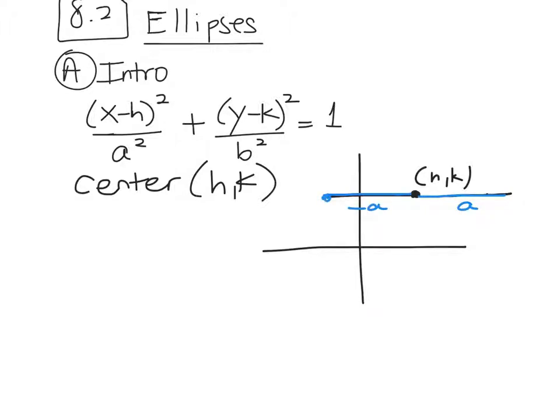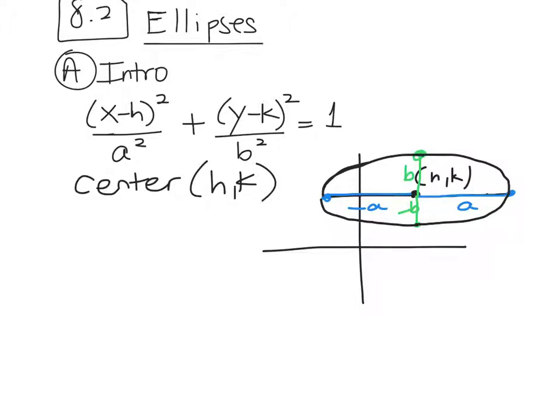Distance from the center, and you put 2 dots. Okay? Then you go up and down a distance of b, and you put 2 dots there. b, negative b. From the center. Everything comes off the center. That's the most important part. And then you draw your ellipse, which is an oval shape. If a and b are equal to each other, then we have a circle.